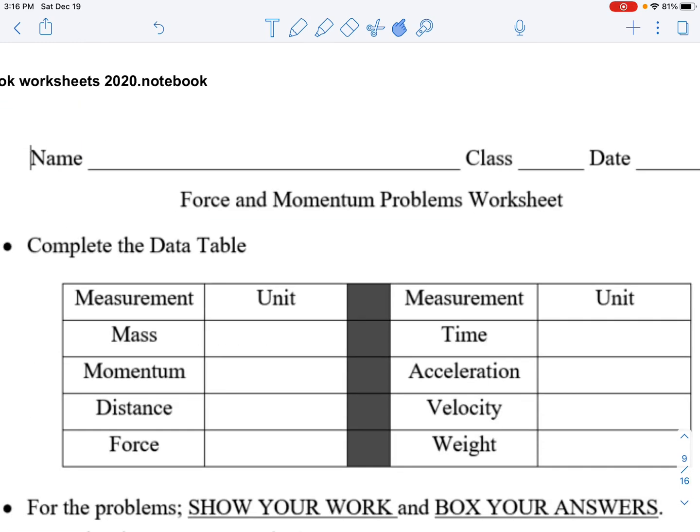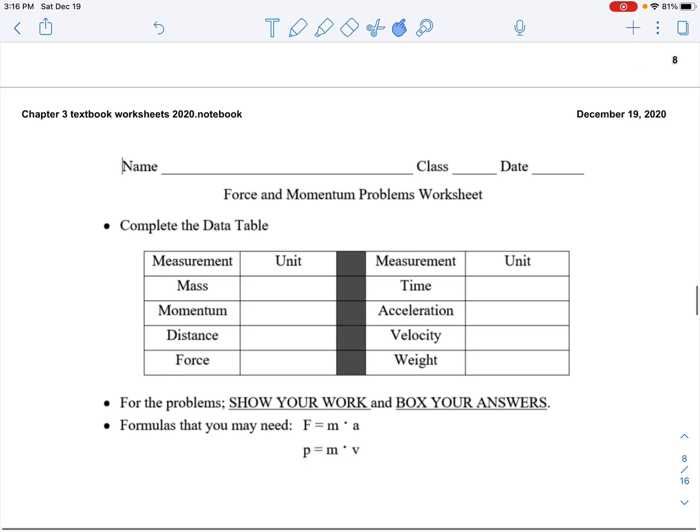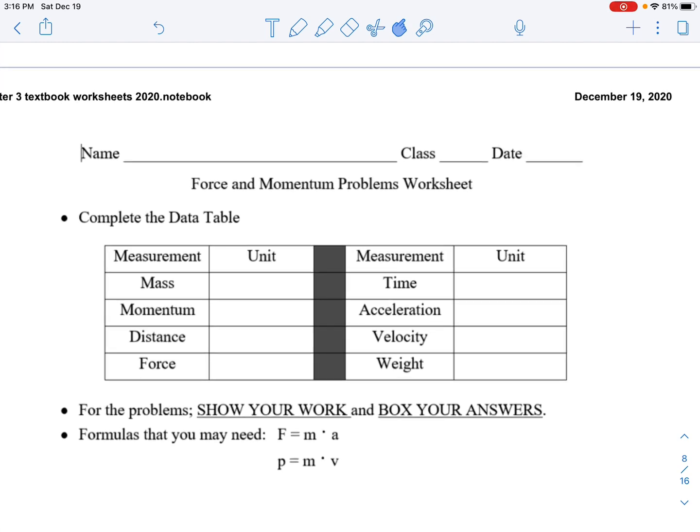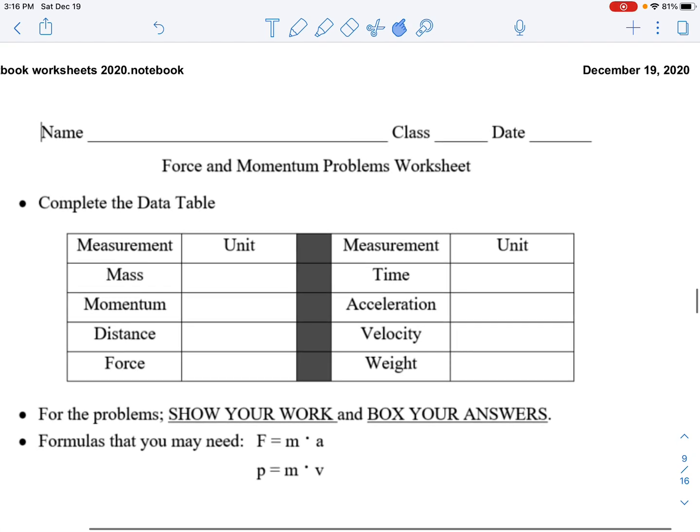So now what you guys have is you have some worksheets here where you're going to do a little bit of math and a little bit of vocab word here. But I thought it'd be useful to fill out these units real quick before we do this. Okay, so we're always going to measure mass in kilograms. Momentum is kind of a goofy unit.